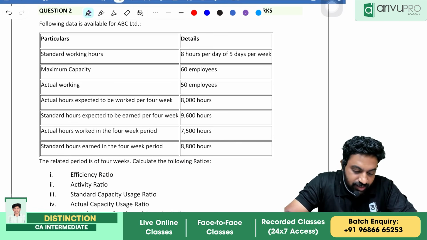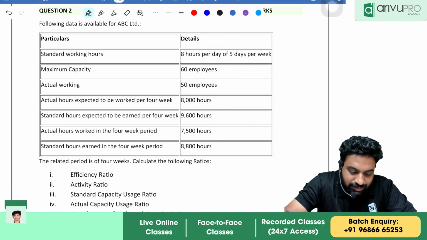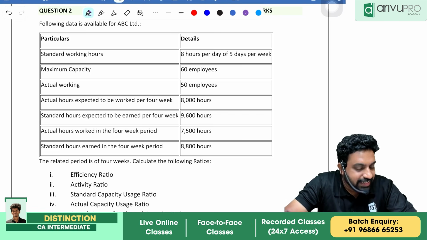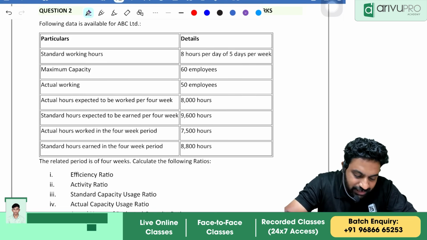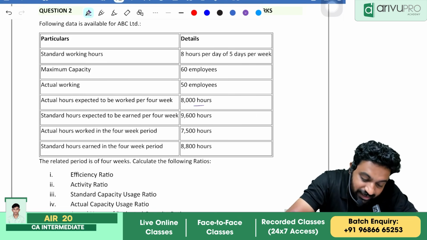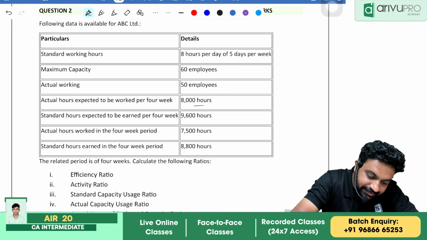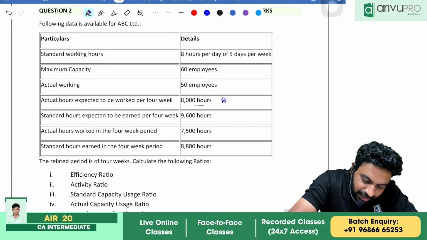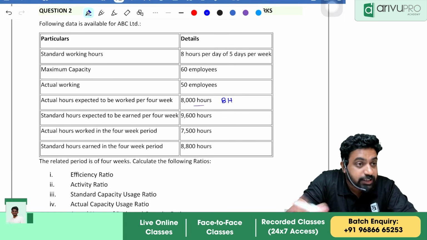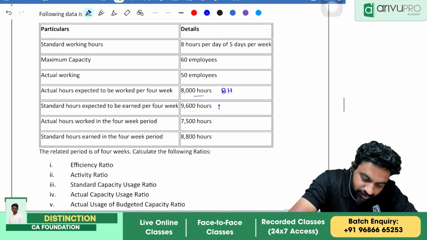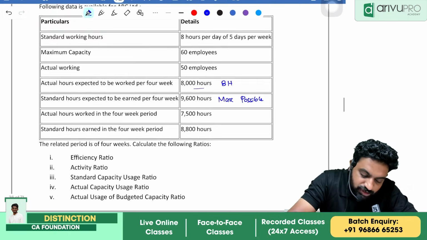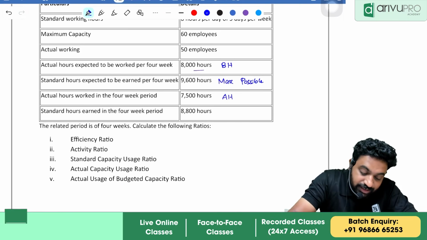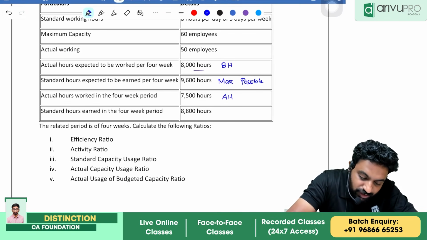Concentrate. Standard working hours, 8 hours per day, 5 days per week. Maximum capacity, 60 employees. Actual working, 50 employees. Actual are expected to work per 4 weeks. Can I call this budgeted hours? Standard hours expected to work is maximum possible hours. Actual hours worked. Standard hours earned for the actual hours worked.